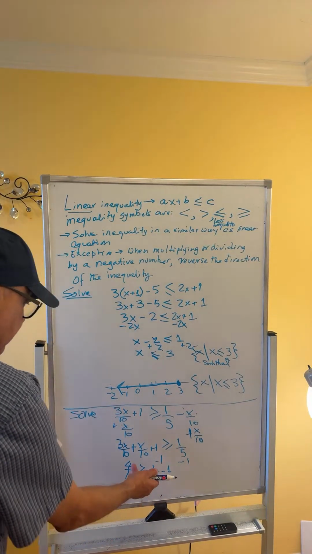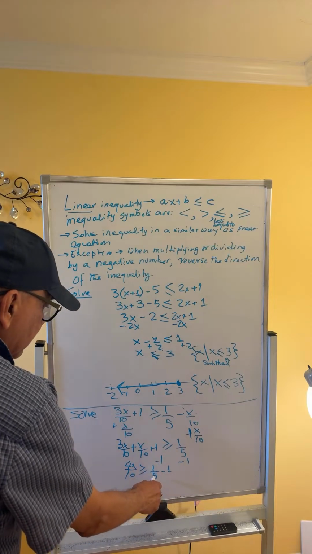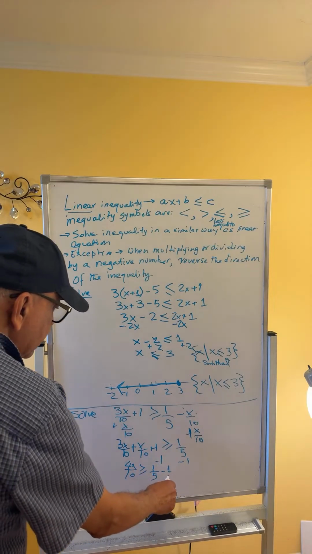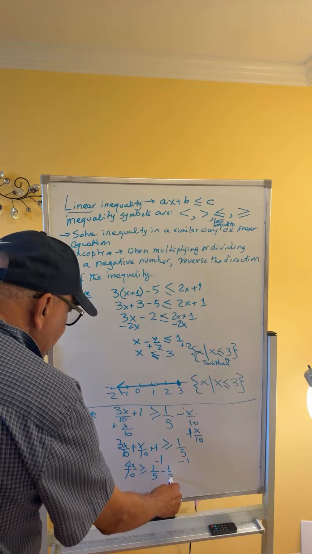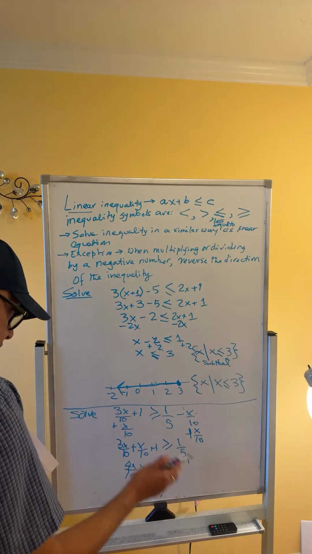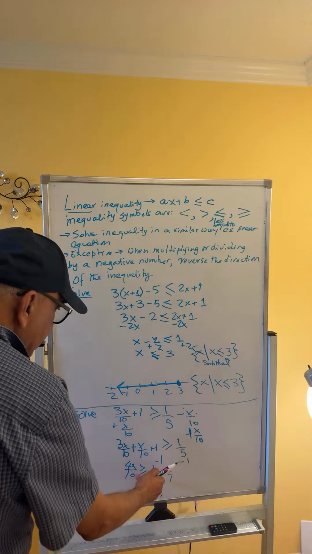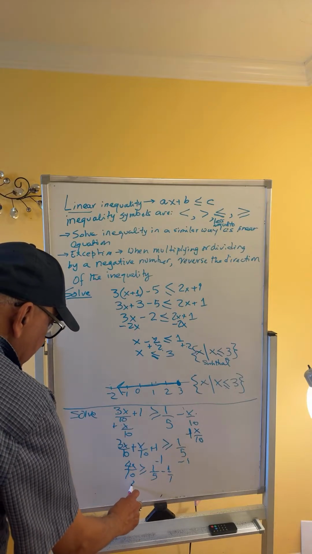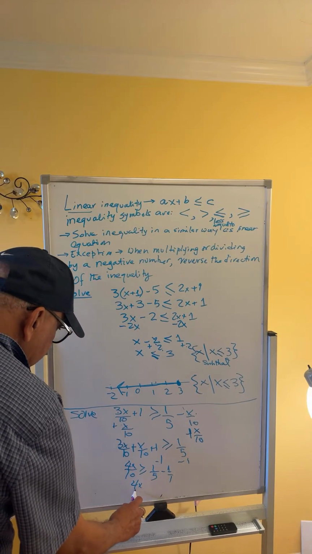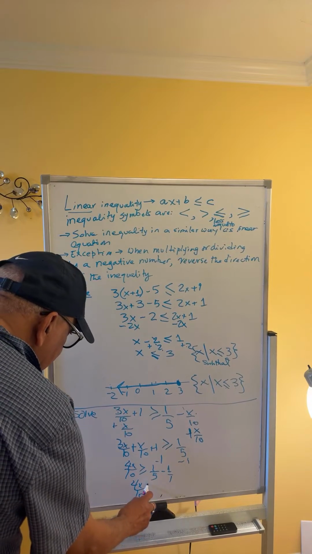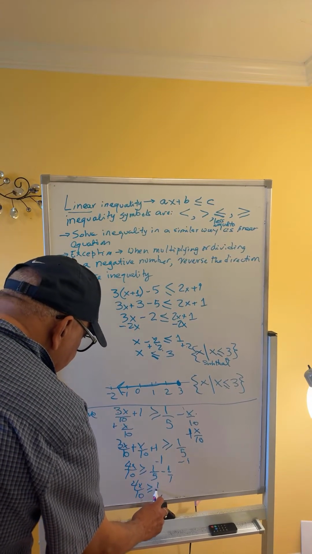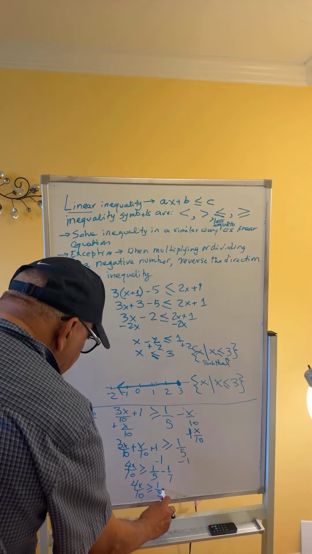Okay, so this has denominator 5, 1/5. This has nothing in the denominator, which means 1. Again, the rule is to keep the denominators the same. So the left hand side remains unchanged: 4x over 10 greater equal to 1/5, and 1 over 1 can be expressed with denominator 5.